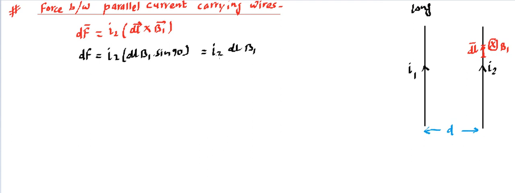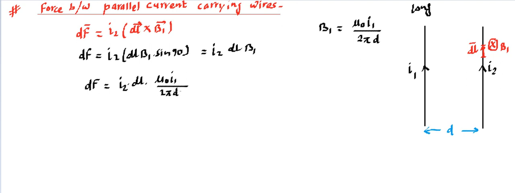B1 is the magnetic field because of the first wire at the second location. The B1 will have a magnitude we have already talked about: mu naught I1 divided by twice pi d. Since they are parallel, at all locations the distance will remain the same. So dF is equal to I2 into dl into B1, and in place of B1 we can write mu naught I1 divided by twice pi d.